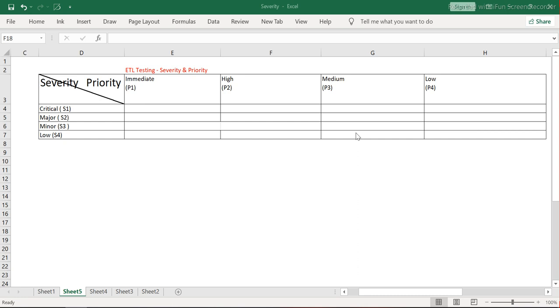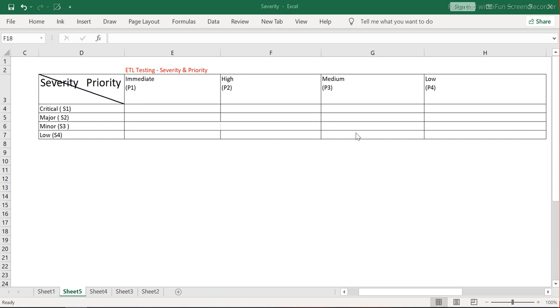You should always stick to your ETL testing, and then the interviewer will really get impressed, because he or she will understand that you are really working in ETL testing and you know how we decide the severity and priority, right?